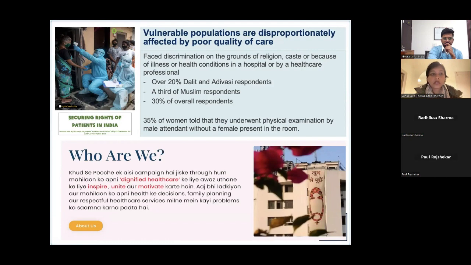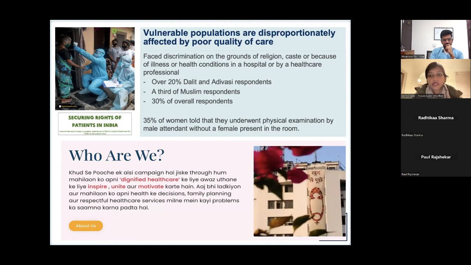A third of Muslim respondents felt discriminated against, and we are aware of several such incidents which made it to the news during COVID. And 30% of overall respondents felt discriminated against for various reasons. 35% of women told that they had a physical exam without the presence of a female in the room.